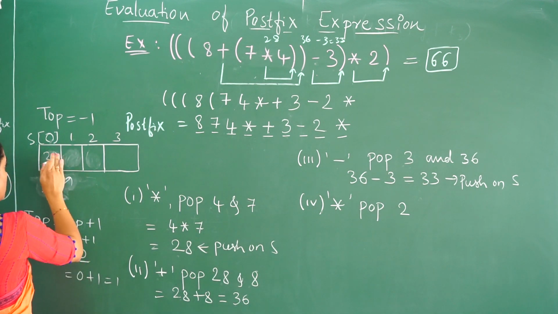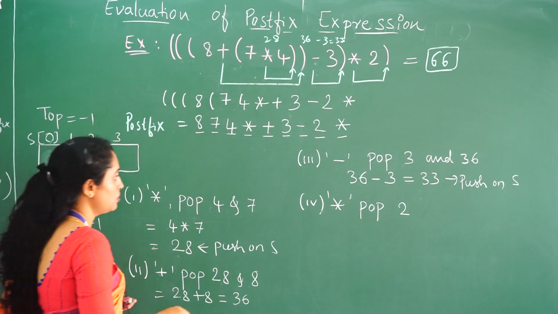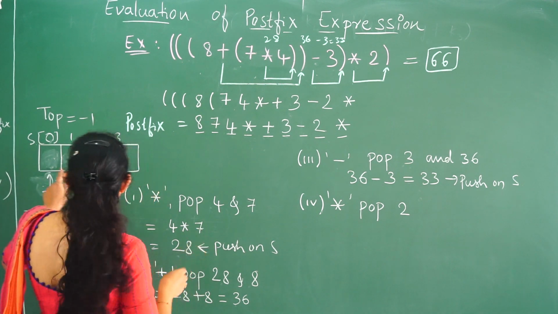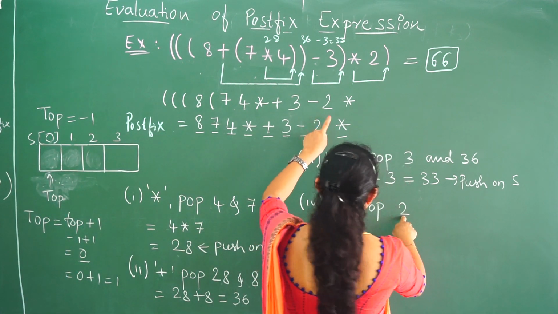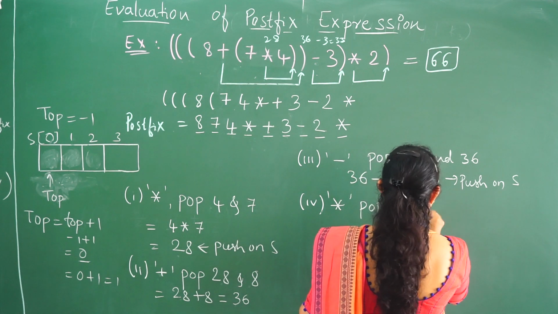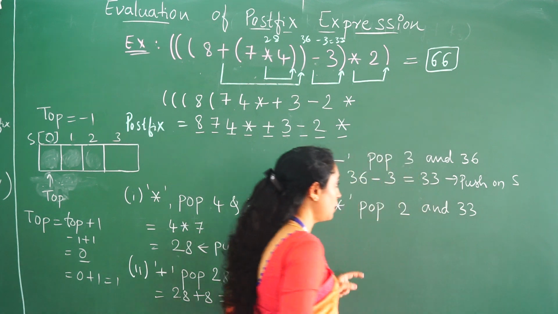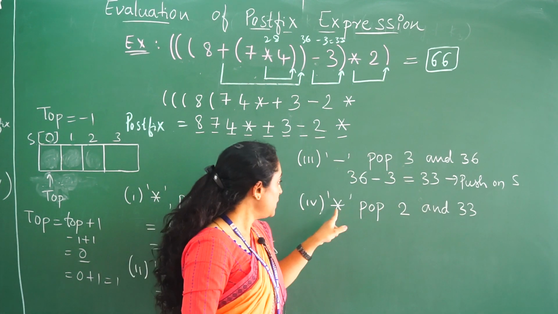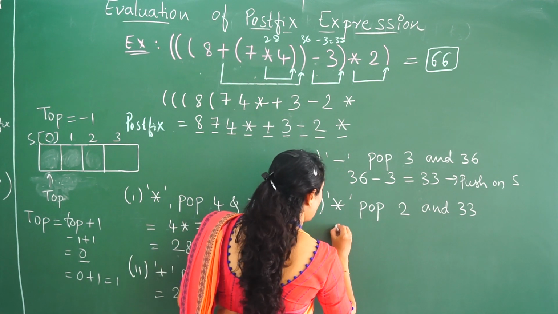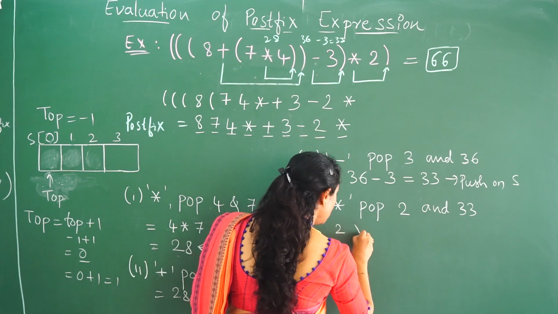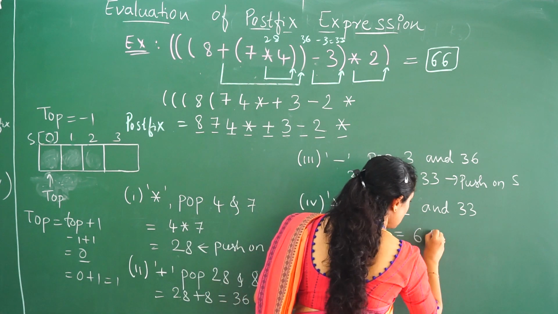Next we have to take out the second operand. What was here? 33, right? So we have popped the 2 and 33. Now perform the multiplication operation on these 2 operands. 2 into 33, we are going to get 66.